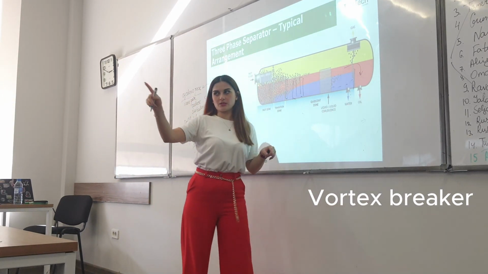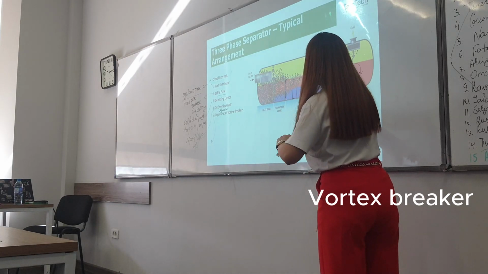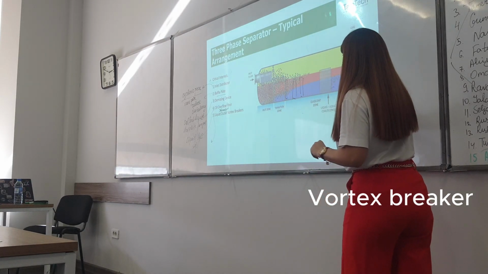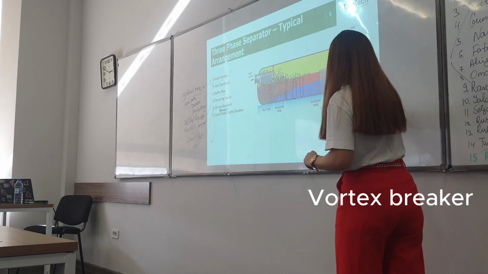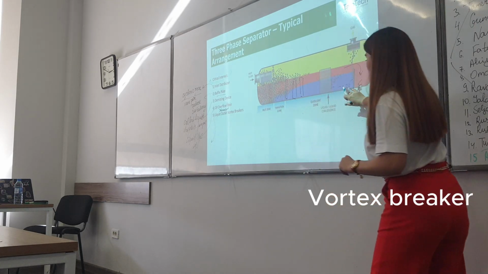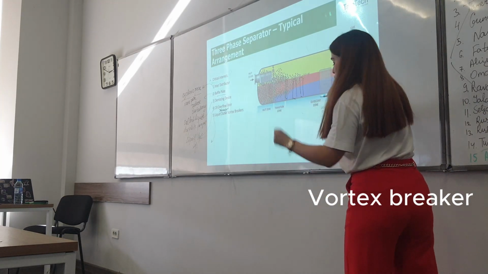It has two purposes, as you mentioned. If we have a very rapid outlet discharging from water and oil, we have the vortex created here, the whirling effect, the burulgan effect.